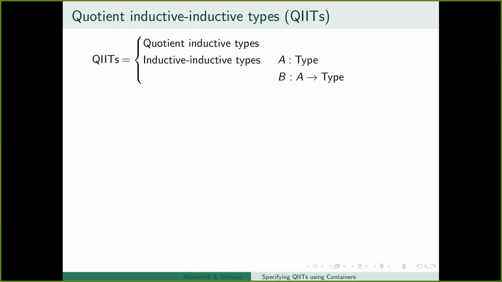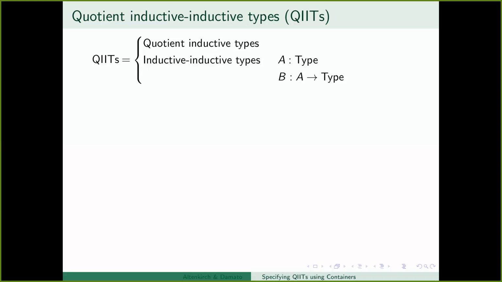The next part of this definition is that we also allow induction. This means that we can define a type A together with a type family B over A, and these are defined simultaneously. The definition of B can obviously depend on A, but crucially, the definition of A can also depend on B. So I can define a type A while referring to the type family B, which I'm also defining simultaneously.